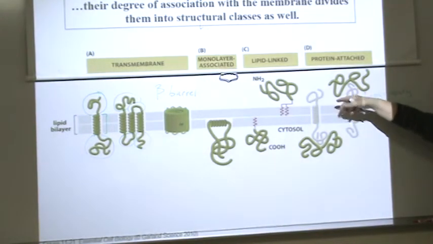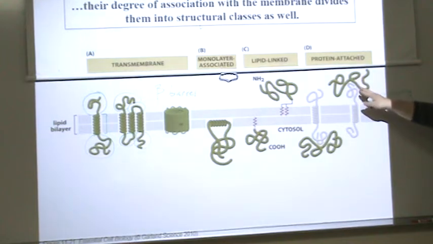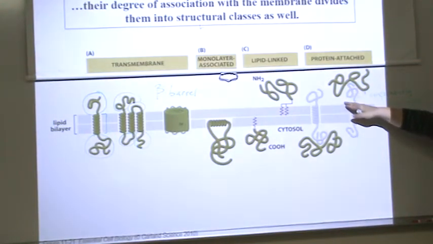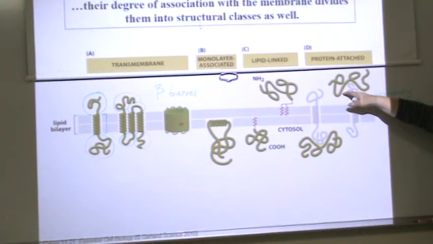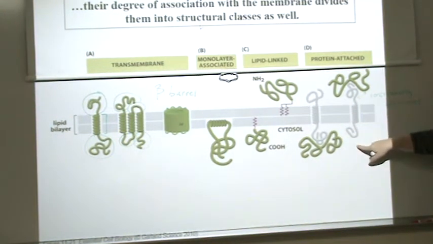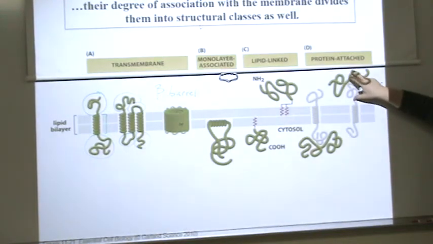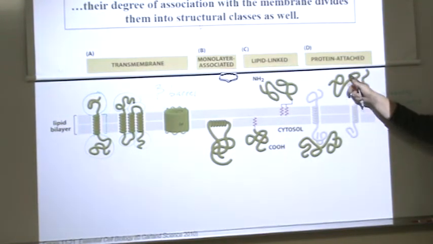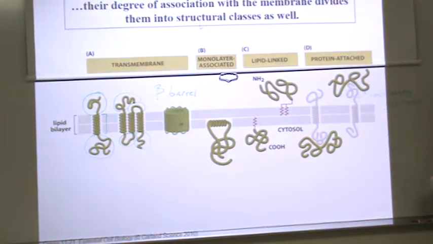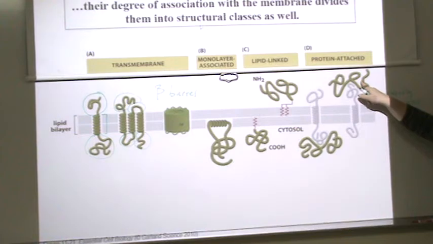This is technically with the membrane, but it is with the membrane because it's bound non-covalently to a transmembrane protein. So if I was trying to extract membrane proteins, it would be hard for me to keep this together, and I might not realize, oh, that was a membrane-associated protein. Those can be on the cytosolic side or the extracellular side.